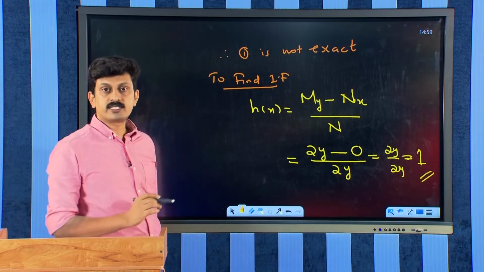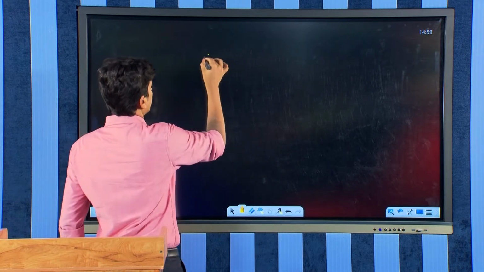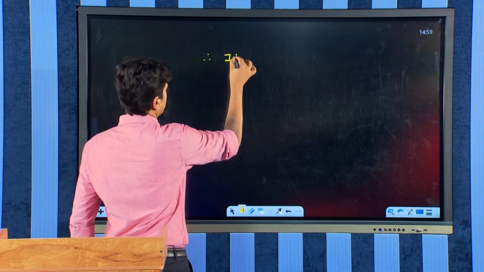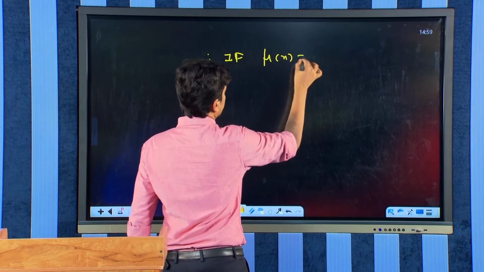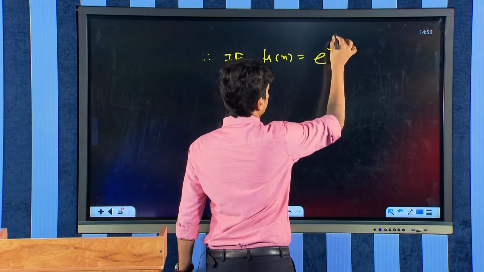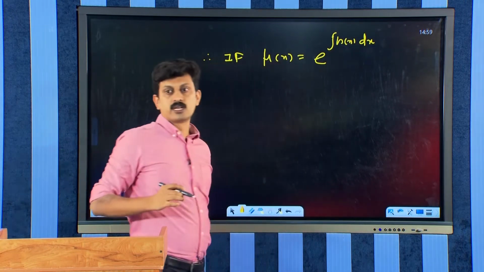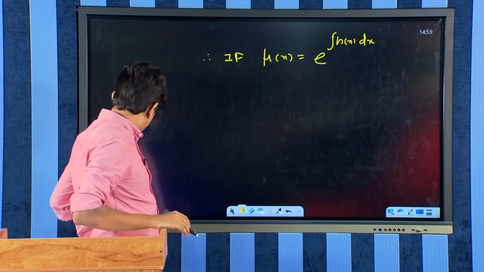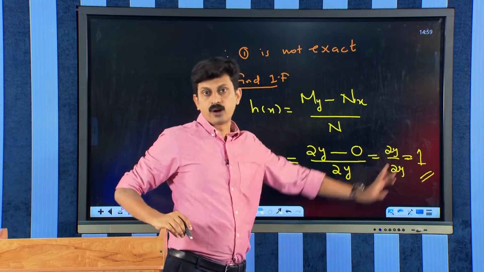So, what is the integrating factor? Therefore, the integrating factor mu of x is equal to e raised to the integral of h of x dx. See, my dear students, h of x is actually 1.